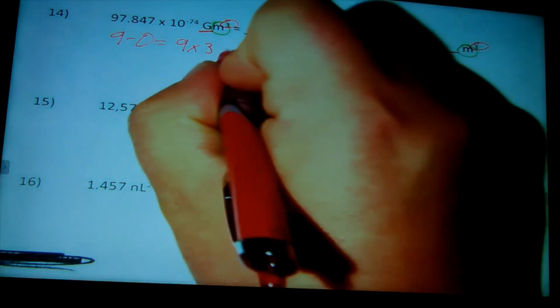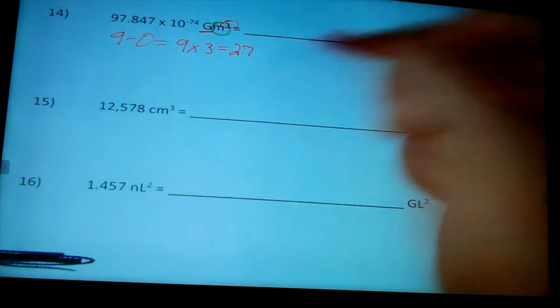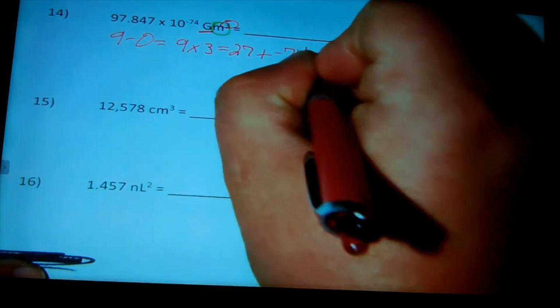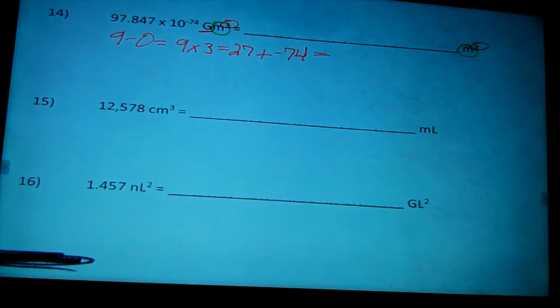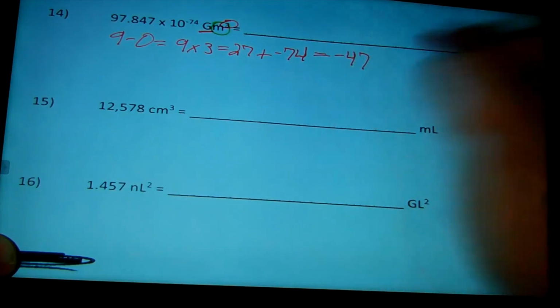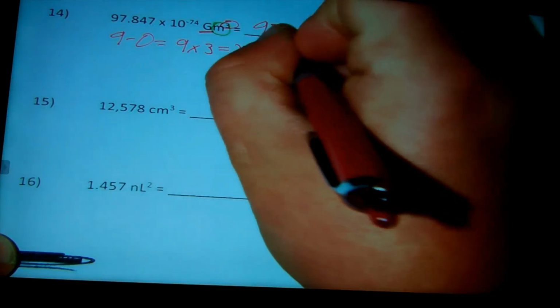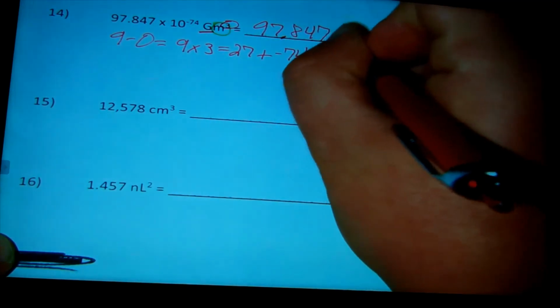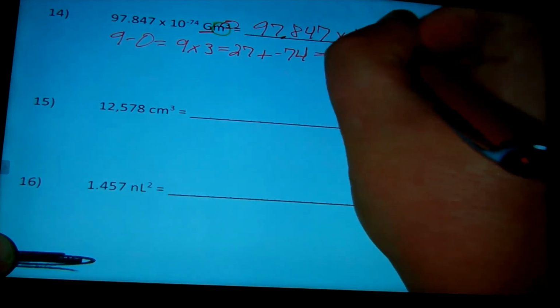So 9 times 3 is 27. Then we add what we originally started with, negative 74. So 27 plus negative 74 gives us negative 47. So we get 97.847 times 10 to the negative 47.